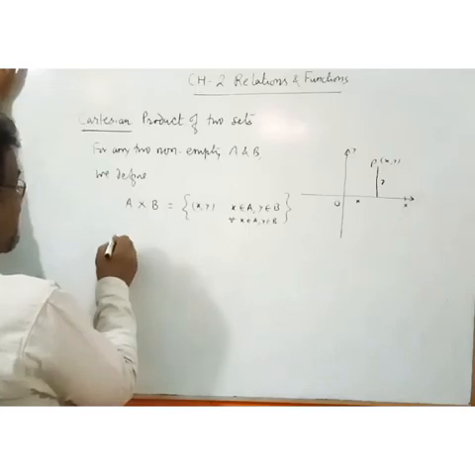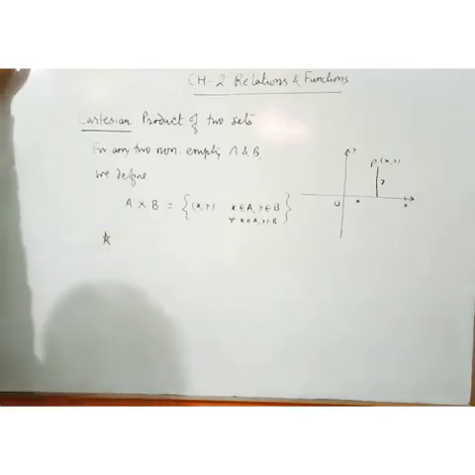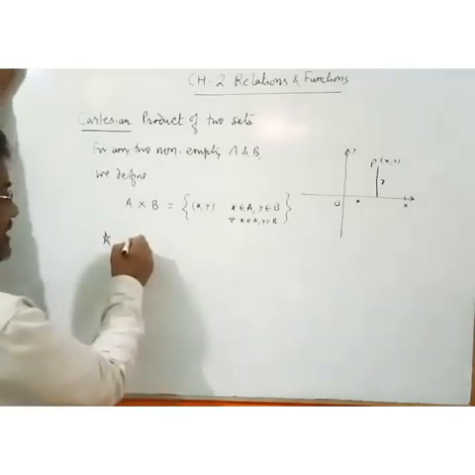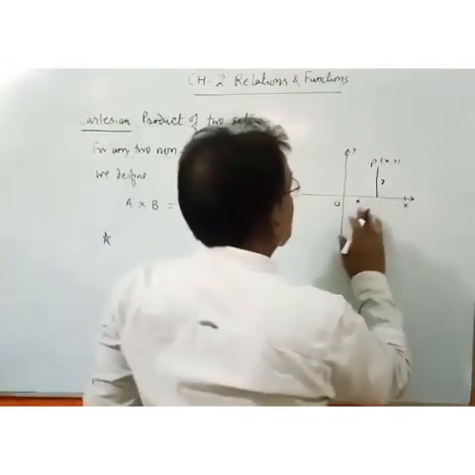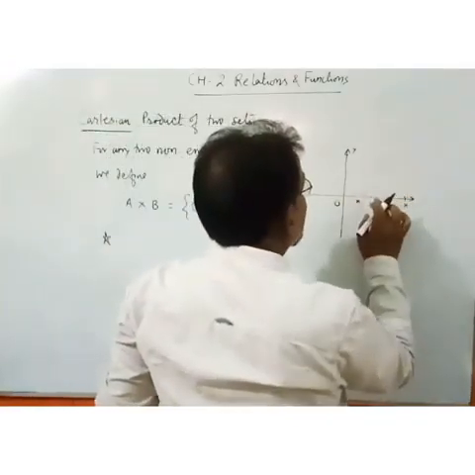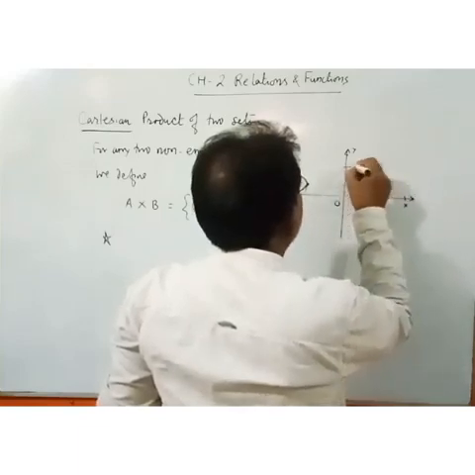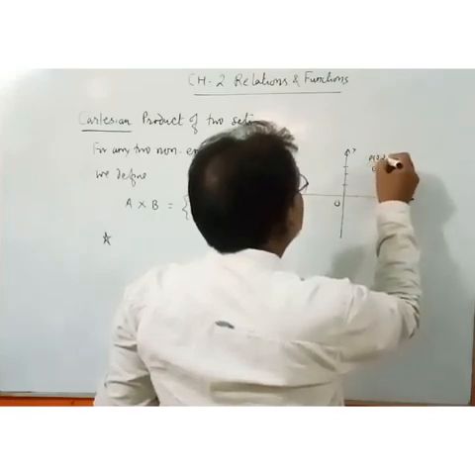From this definition, we will draw some inferences. Try to understand. In the coordinate system, if I take point (2, 3), the location of the point is here, P(2, 3).